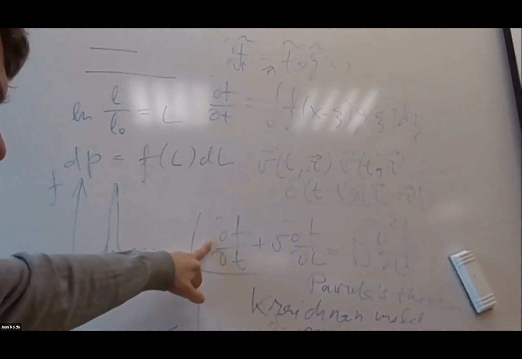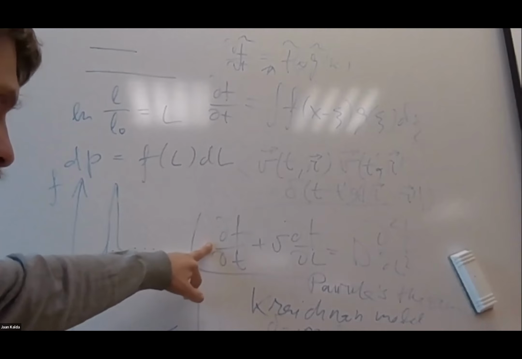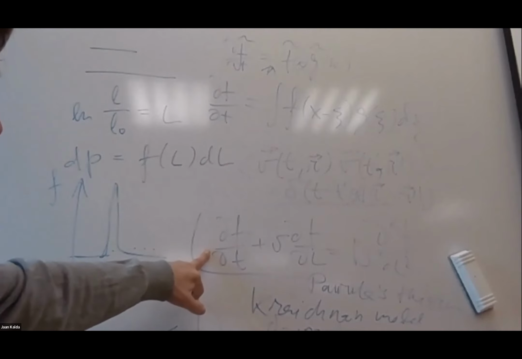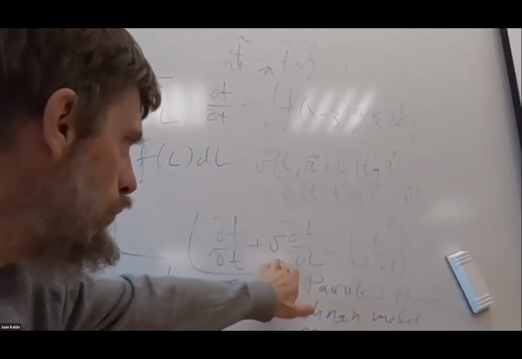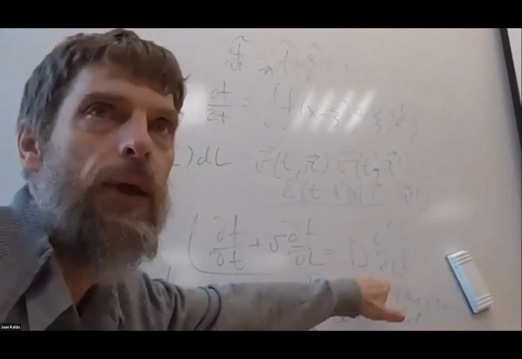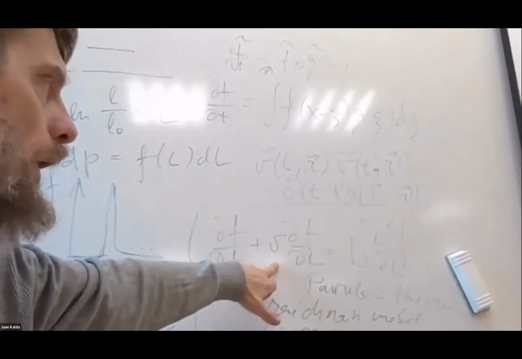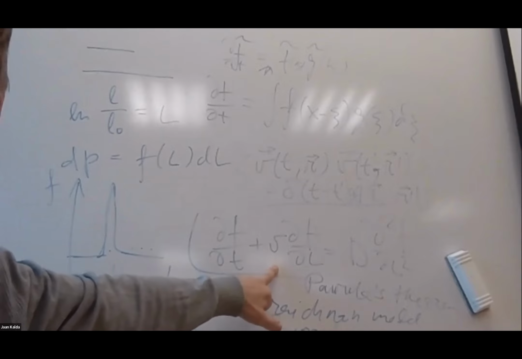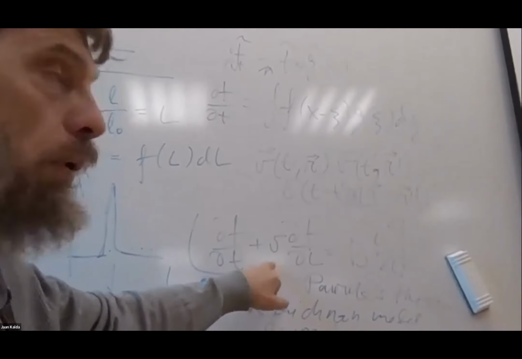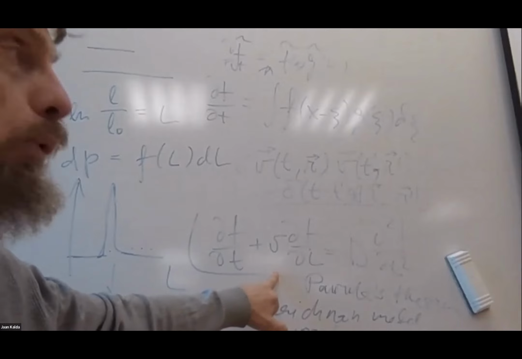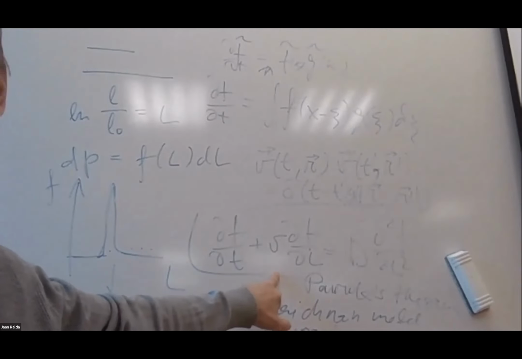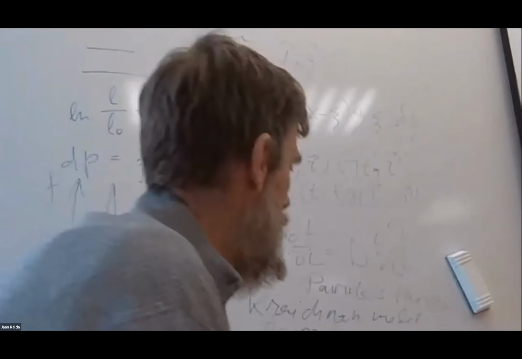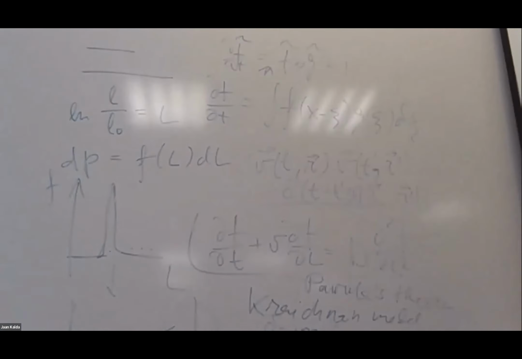Now, Pawula theorem states that for Fokker-Planck equations, you either have two terms here, derivatives along x or l or whatever you have here, either two terms or an infinite number of terms. Only two options, because if you have something more than two but less than infinite, like something with some kappa multiplied by d cube f over dl cube, maybe.